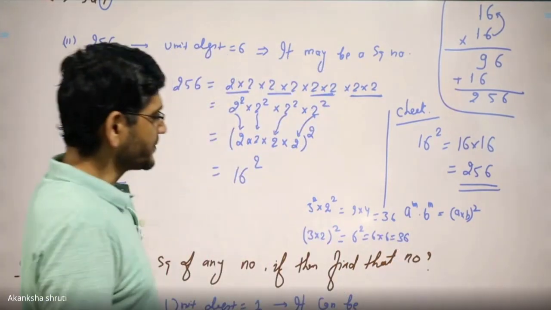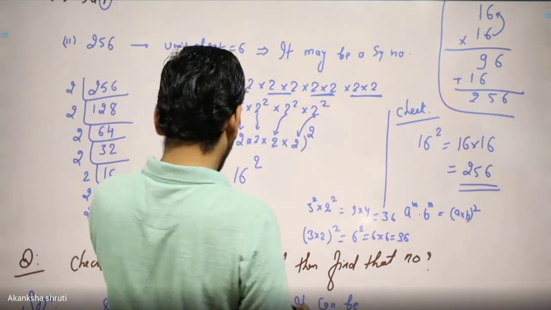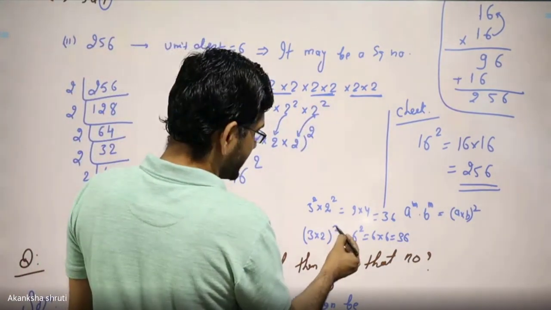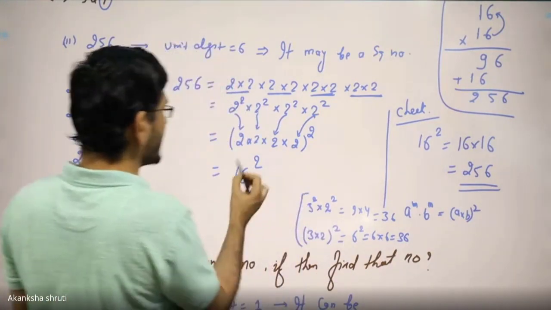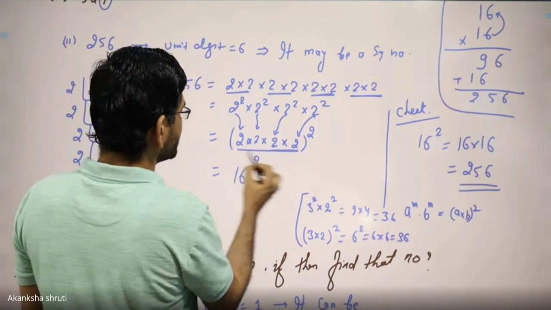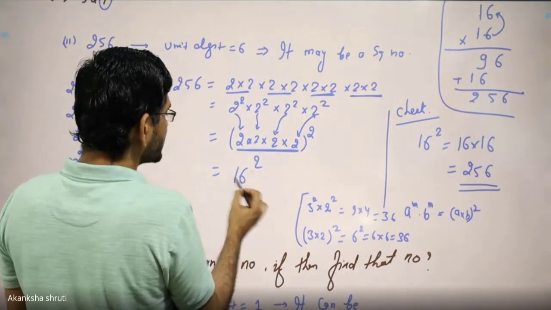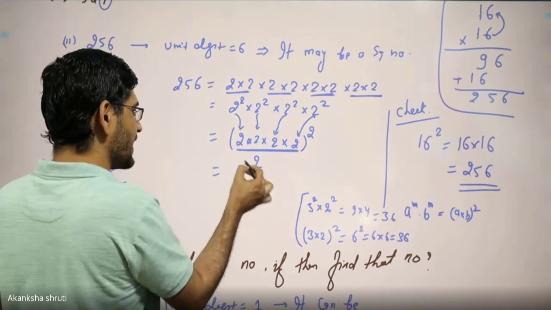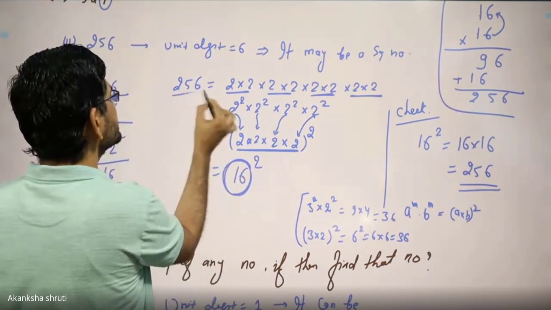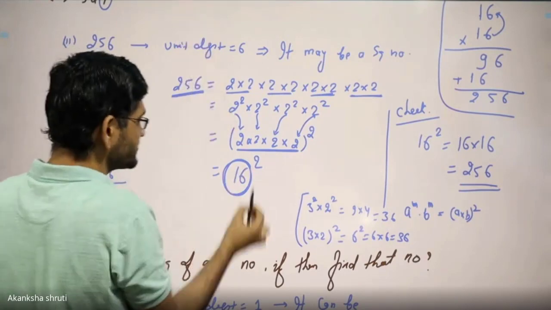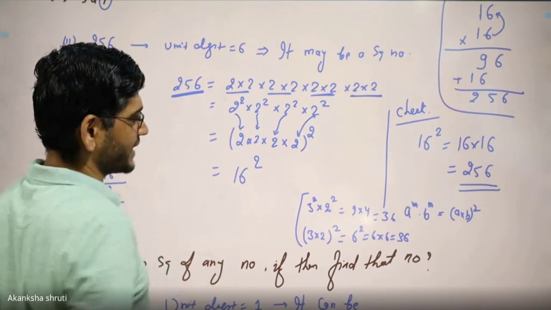So rather than writing a square over each number, we can take it as a common power. Considering this, this number will come in the base and this 2 as the exponent. Therefore, we get that it is 16 squared, which is 256. This way, whose square a number is can be determined.